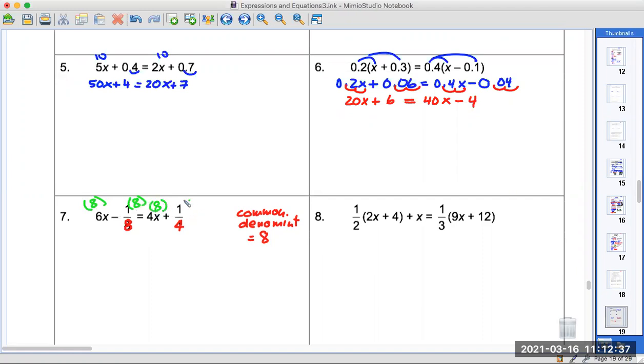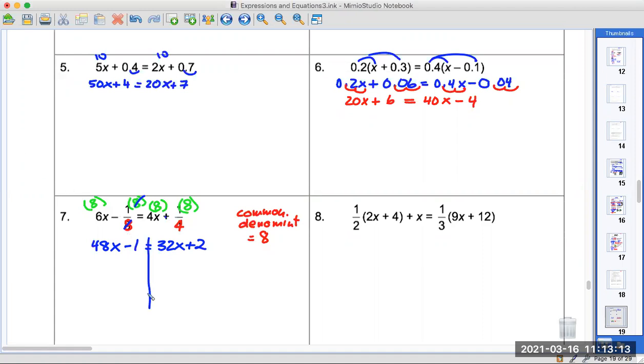Each part gets multiplied by 8. 8 times 6 is 48x minus, 8's cancel out, 1. 8 times 4, 32x plus 8 divided by 4 times 1 is 2. Now you don't have any more fractions. That's why they call it fraction buster.